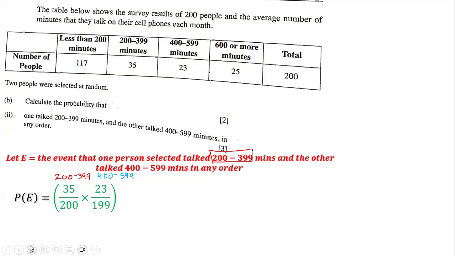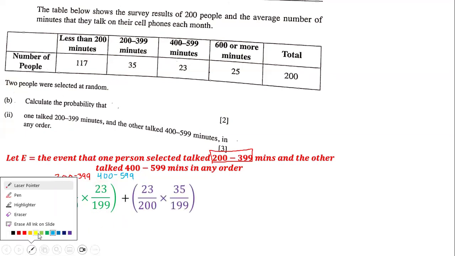We can say the first person is going to be from the people who spoke from 200 to 399 minutes, and then the second person is going to come from the people who spoke for 400 to 599 minutes. That's one way to do it. But that's not the only way. There's another way.